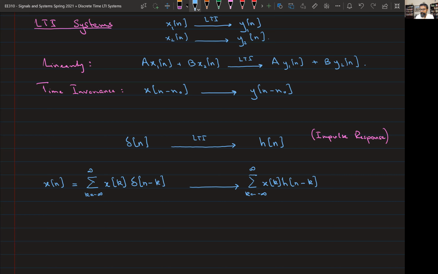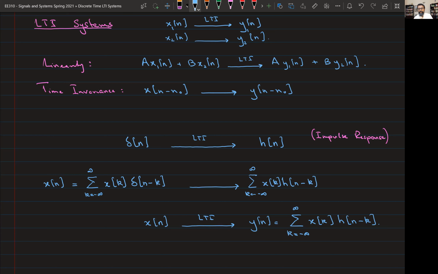And from here, what we've been able to derive is that if the input to an LTI system is x of n, the output of the LTI system is given as this convoluted looking summation, x of k times h of n minus k.